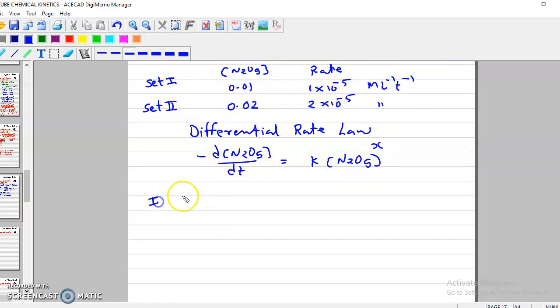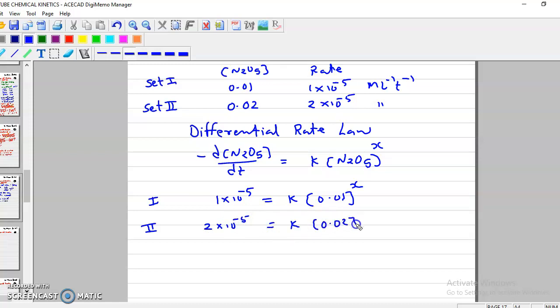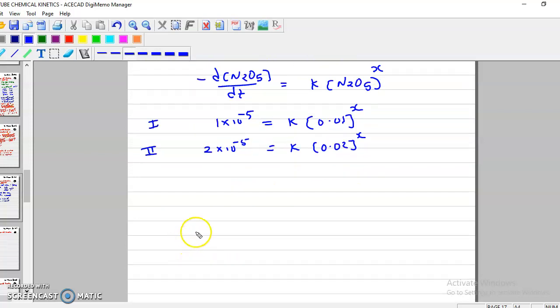So for set 1, the rate of reaction is 1 into 10 raised to minus 5 is equal to K into 0.01 raised to X, the moles of N2O5. For set 2, we write 2 into 10 raised to minus 5 is equal to K into 0.02 raised to X. Now if we want to find X, then we will take the ratio of 2 and 1.